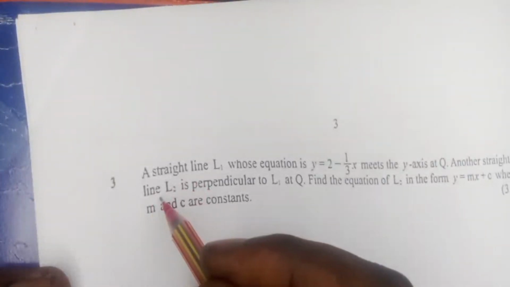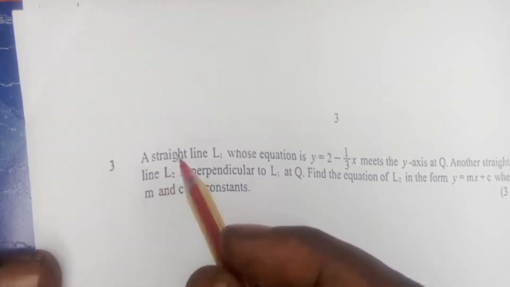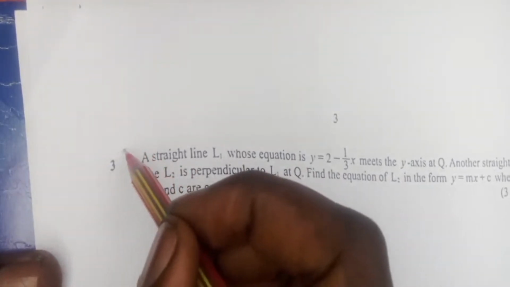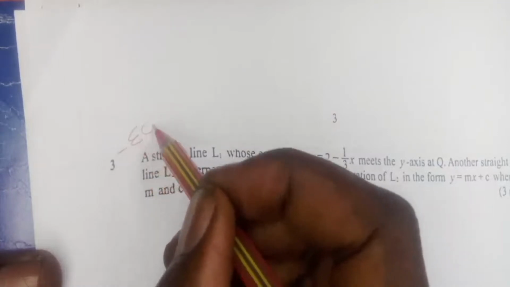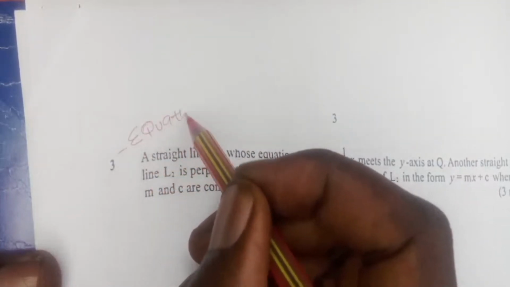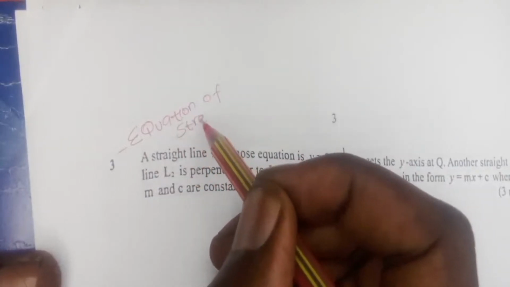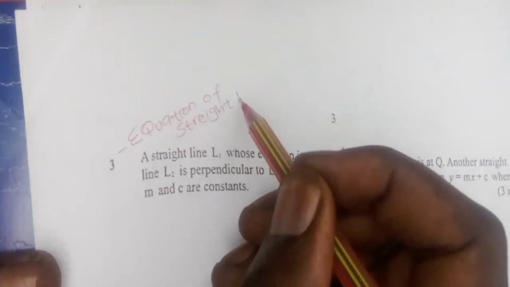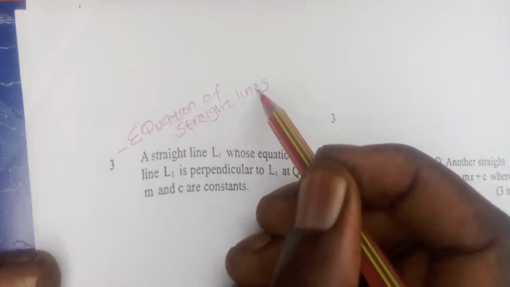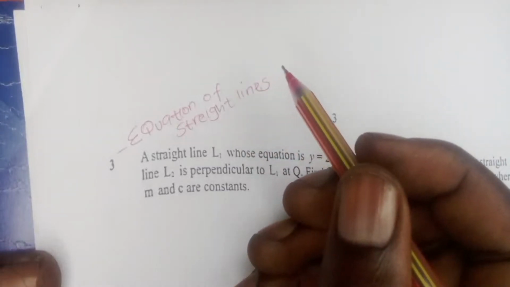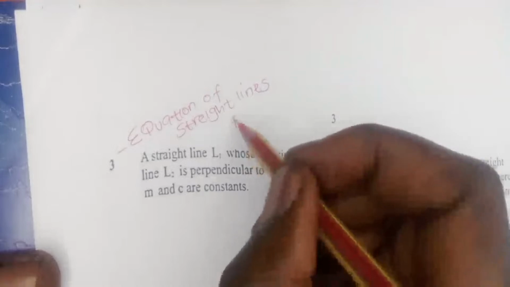So we can continue looking at the question. This topic is called equation of straight lines, and equation of straight lines is form 2.